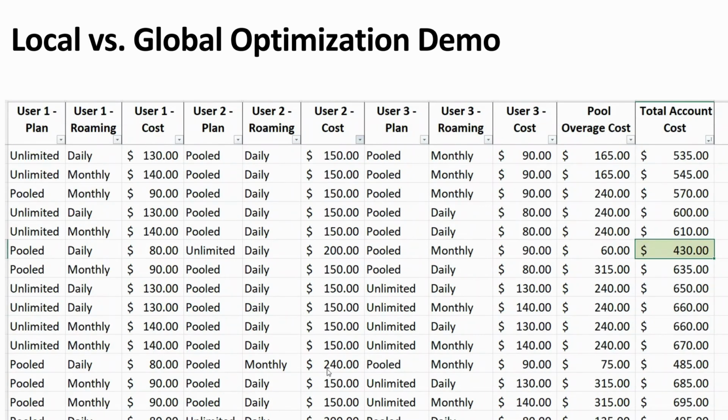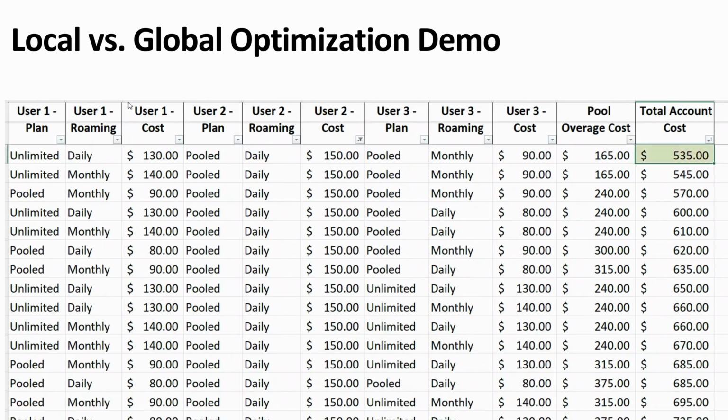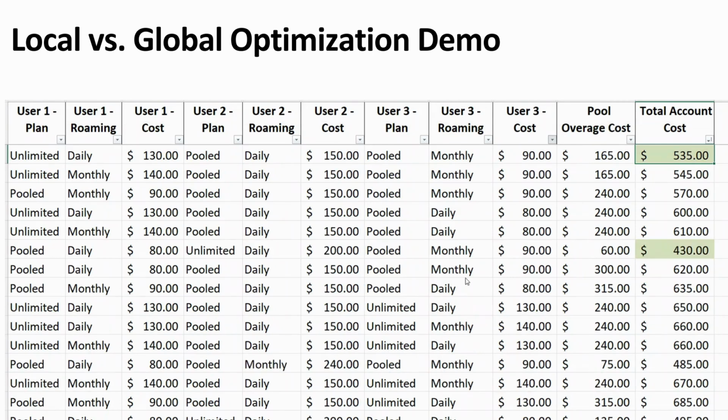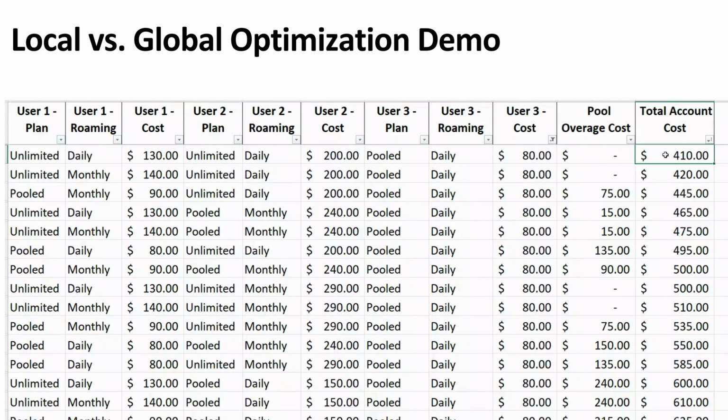When we optimize for user 2 instead of user 1, the local optimization is $150, and the lowest possible cost for the account is $535. And when we optimize for user 3 at $80, the lowest possible account cost is $410. So, the lowest achievable cost for the account when performing any local optimization is $410.